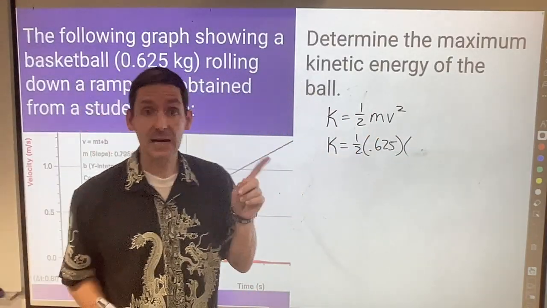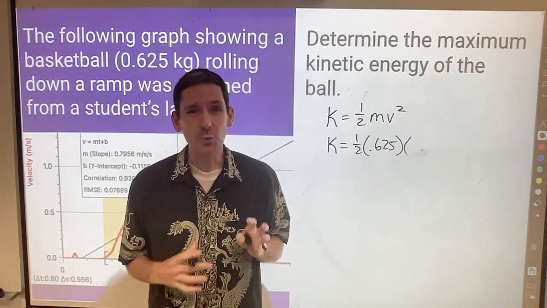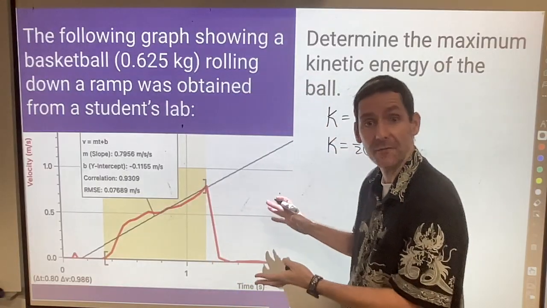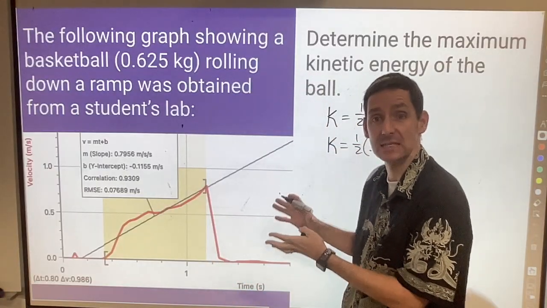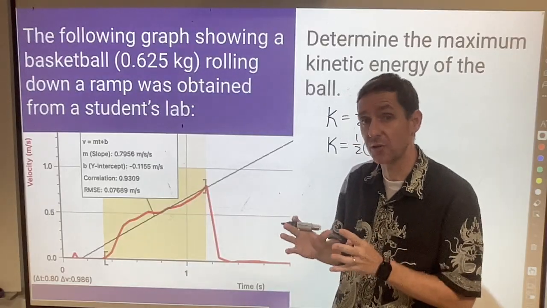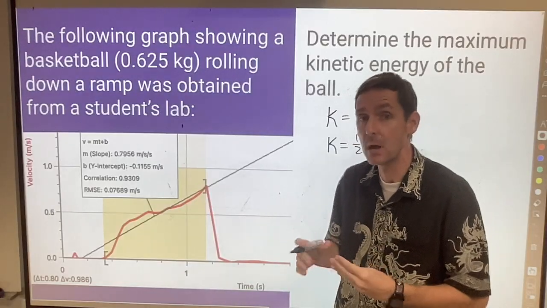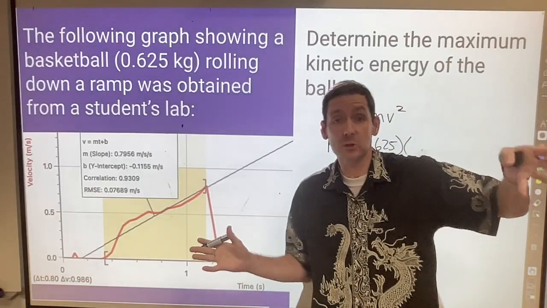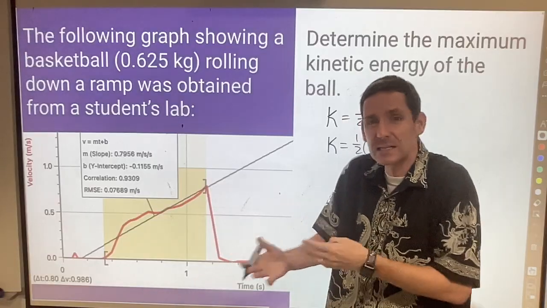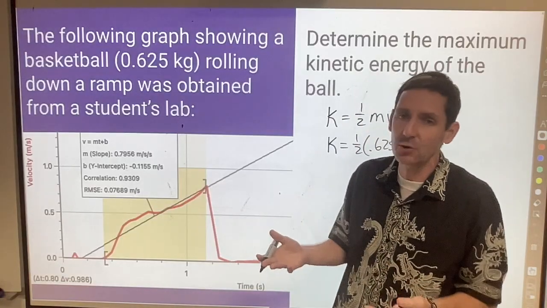Now to get the maximum kinetic energy, I'm going to want the maximum speed. And so I'm going to look in my graph and find the place where I have the maximum speed. Now remember, speed and velocity are very similar to each other. Distance over time, displacement over time. But the ball was going in a straight line, which means the distance and the displacement were the same. So therefore the speed is going to be the same as the velocity. It just won't have a direction on it.